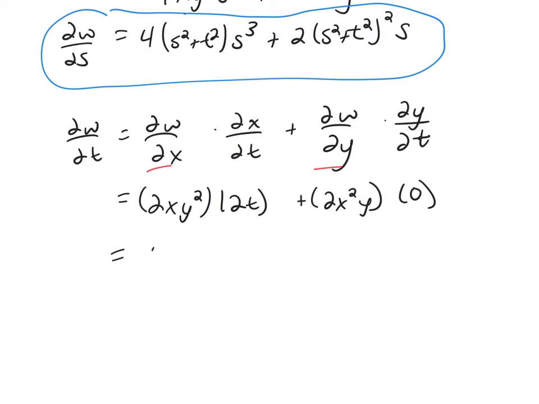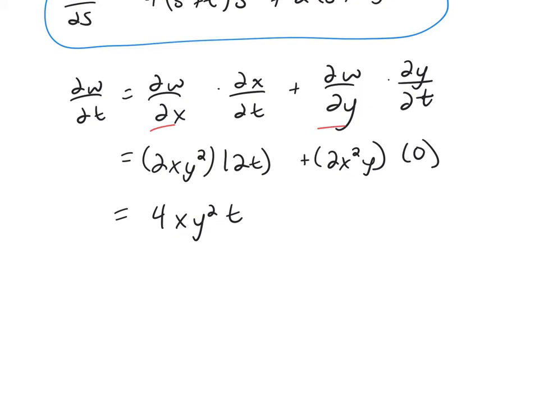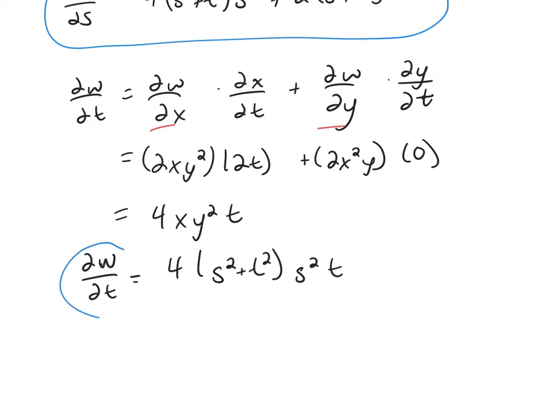So I'm getting 4xy squared t. And again, you can plug in place of x and y so that it's just in terms of s and t. And there's my partial derivative of w with respect to t.